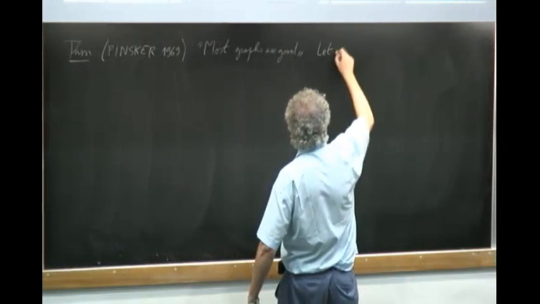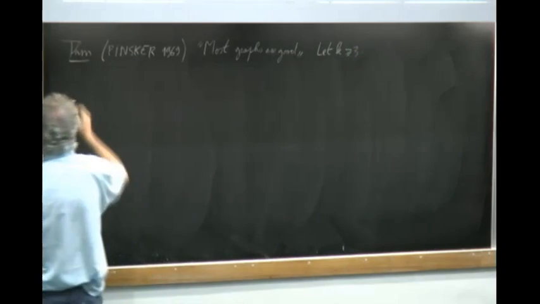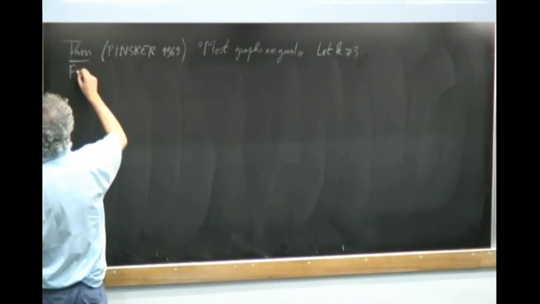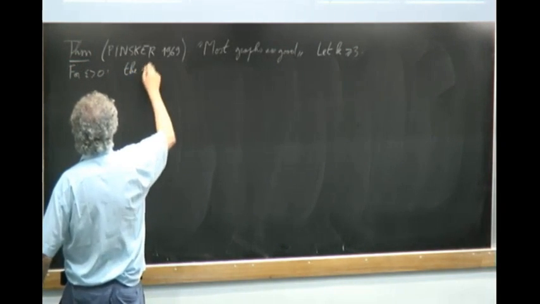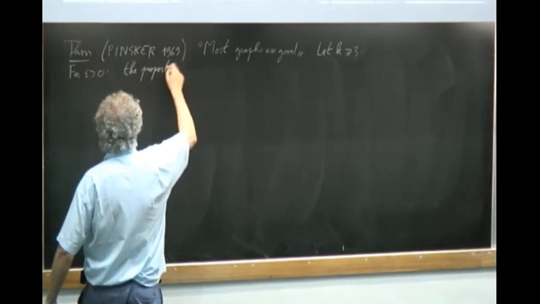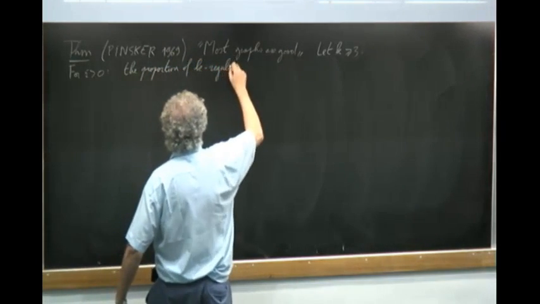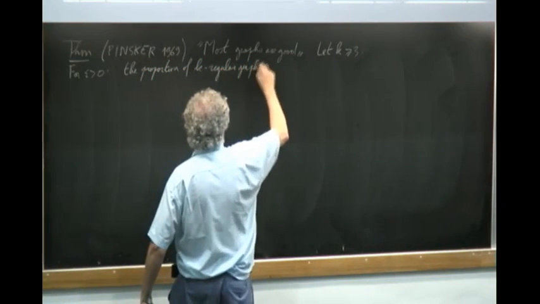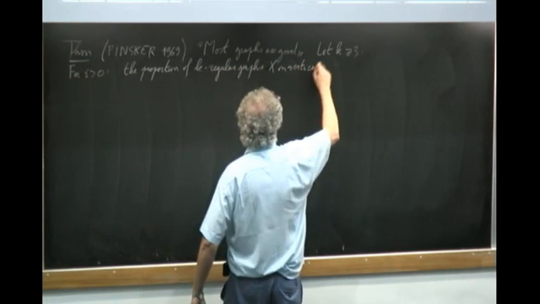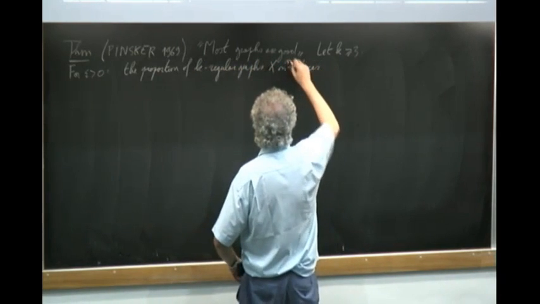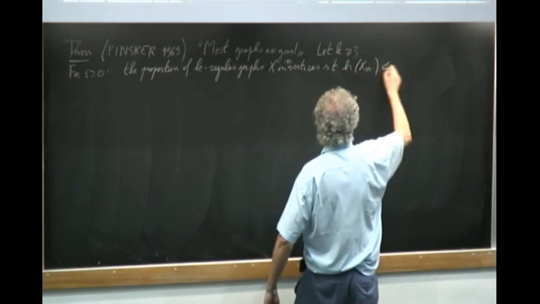Take k, which is at least 3, and for any positive epsilon, the proportion of k-regular graphs x on n vertices such that h of x_n is less than epsilon.